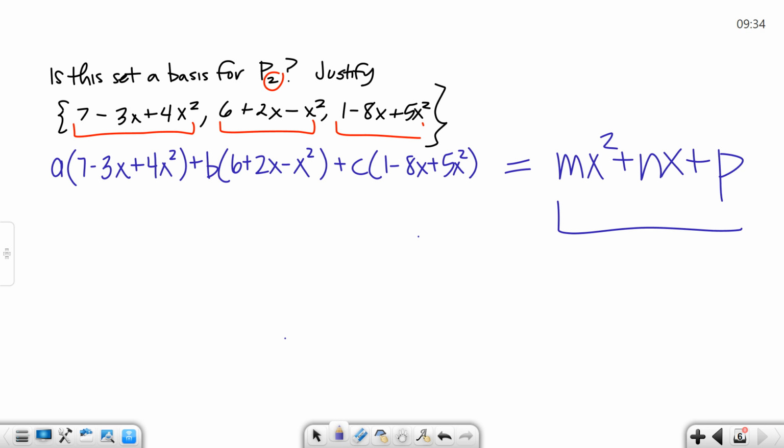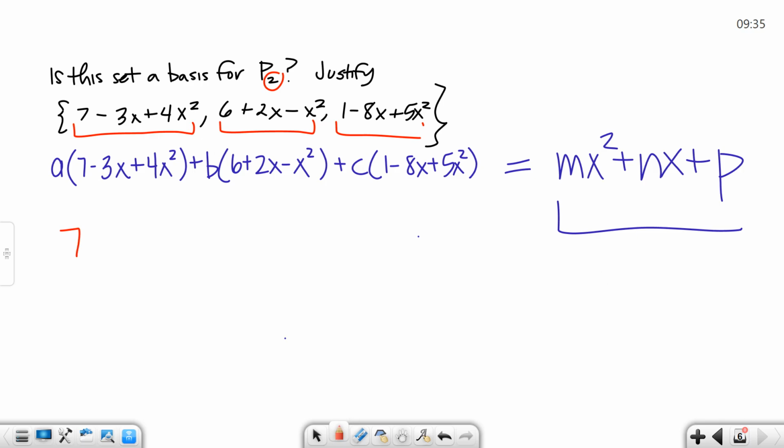So what happens in spanning is, whether it's P3, R3, M33, you're setting it up like the linear combination, but you're always setting it equal to the generic vector. And mx squared plus nx plus p would represent any possible second degree polynomial. Now, here's how our equations look.